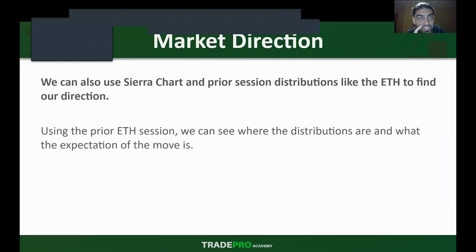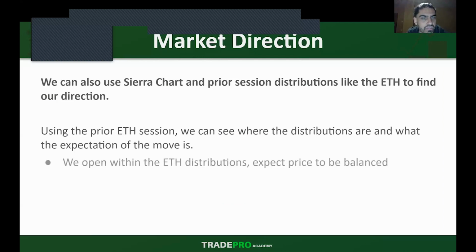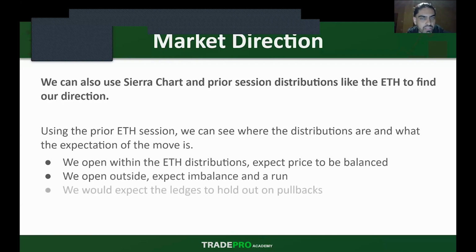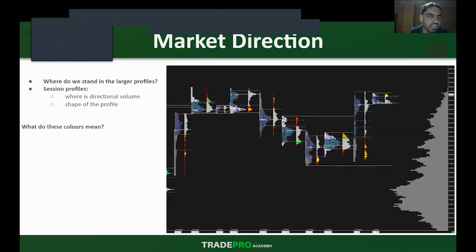We can also use the extended hours trading session volume profile where we can see distributions and what the expected move is. If we open within the extended hours trading session distribution, we can expect the price to be fairly balanced. If we open outside, we expect price to be unbalanced and run, right? We would expect the ledges to hold and to hold out on pullbacks. But realistically, extended hours trading sessions, the volume profiles are very small.